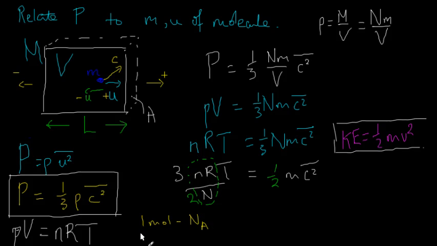So n moles would mean n times Na particles. So in other words, this must be equal to the N down here. This must be equal to the total number of molecules. Right. So let me just pull that out and see if I can simplify that a little bit. So nR over N, big N, is small n over Na.